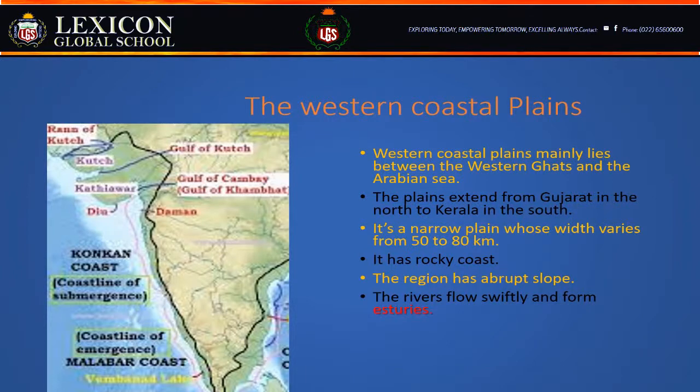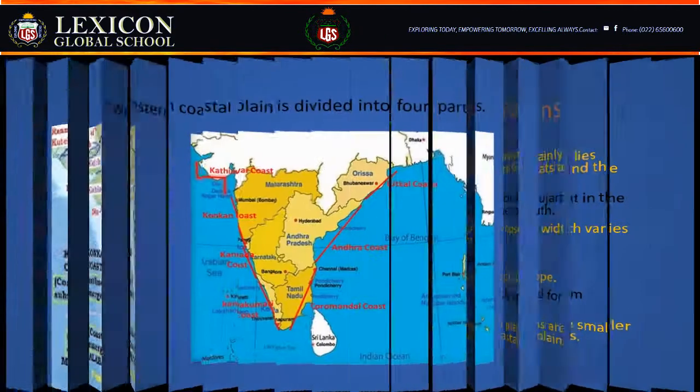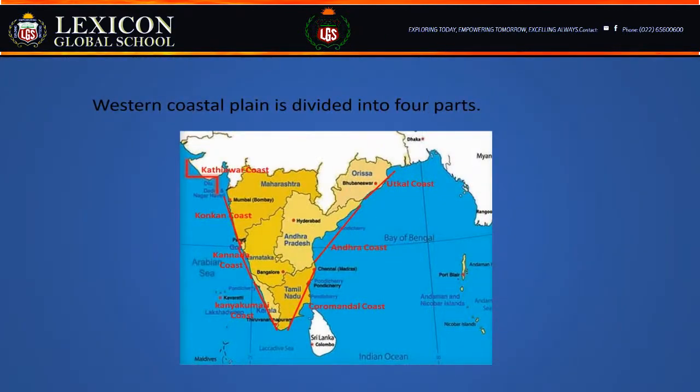The western coastal plains are smaller than the eastern coastal plains. We study more about the western coastal plains. They are divided into four parts, namely the Kathiawar coast, Konkan coast, Kannada coast, and Kanyakumari coast.